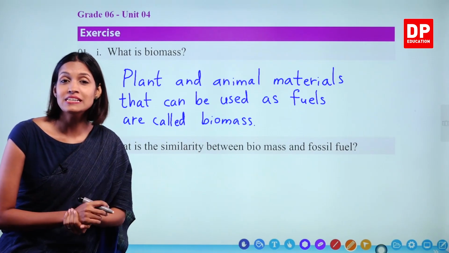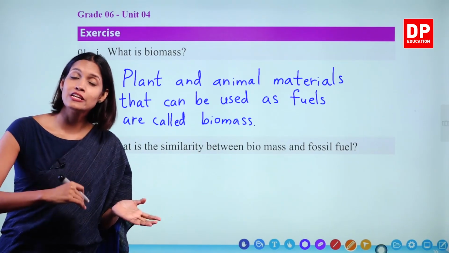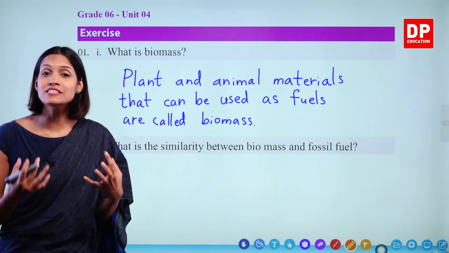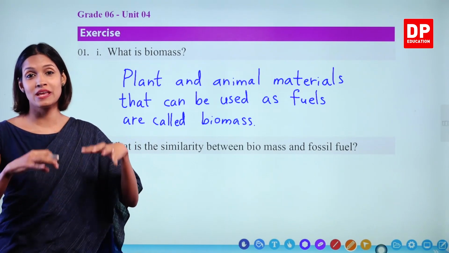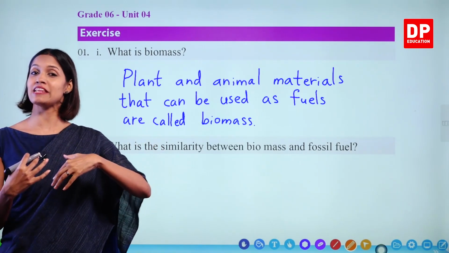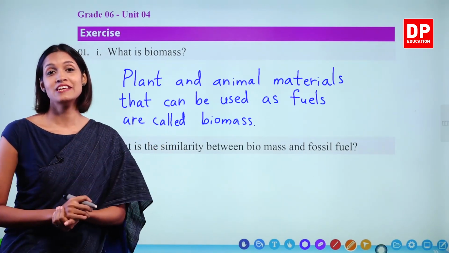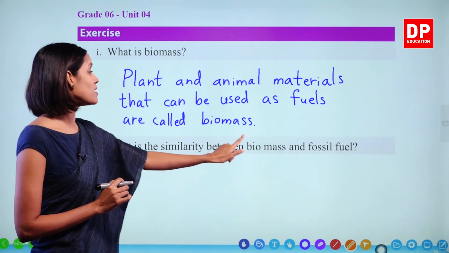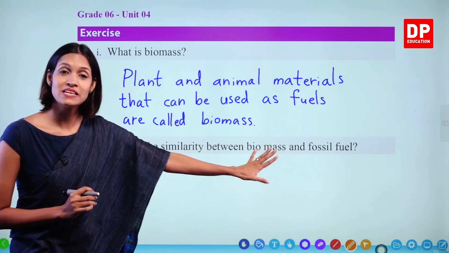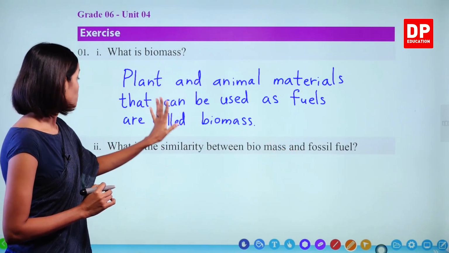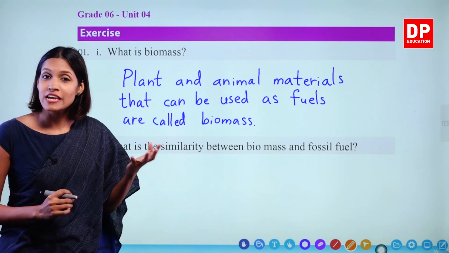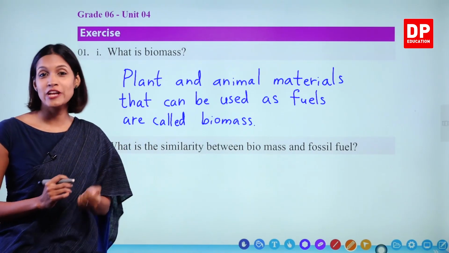And earlier we learned that animals directly or indirectly depend on plants. Therefore, energy contained in animals is also gained from plants. Plants gain their energy from the sun. So in that way, what is the similarity between biomass and fossil fuels? When we consider both biomass and fossil fuels, they contain solar energy as the basic stored energy.